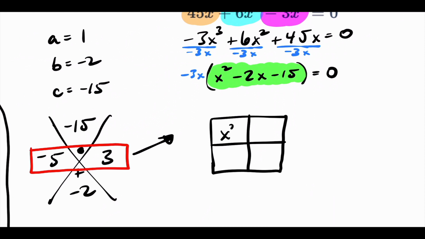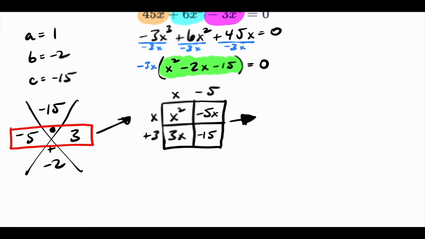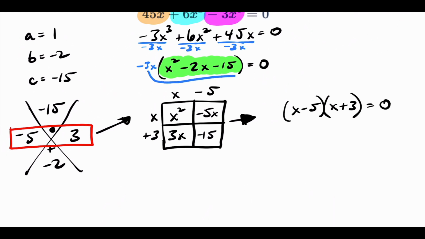Okay. X squared minus 15, I get a negative 5x and a positive 3x. So x and x, I get a minus 5 and a positive 3. Okay, so I have x minus 5 and x plus 3. But then I also have the GCF, which I had at the beginning, which I need to include.